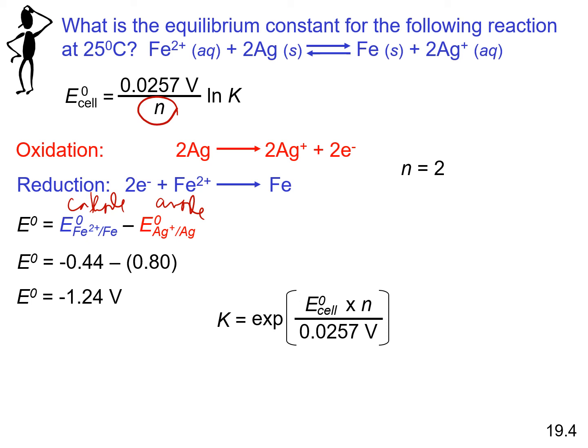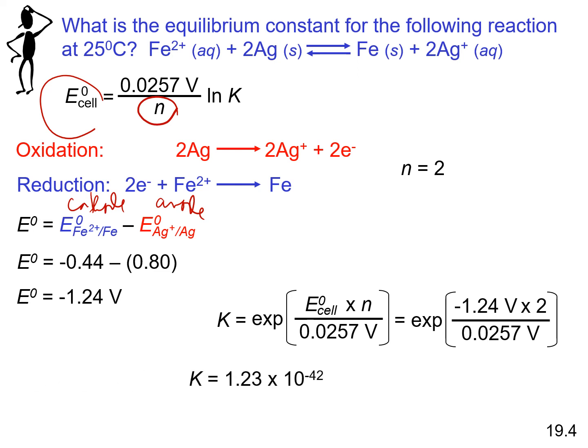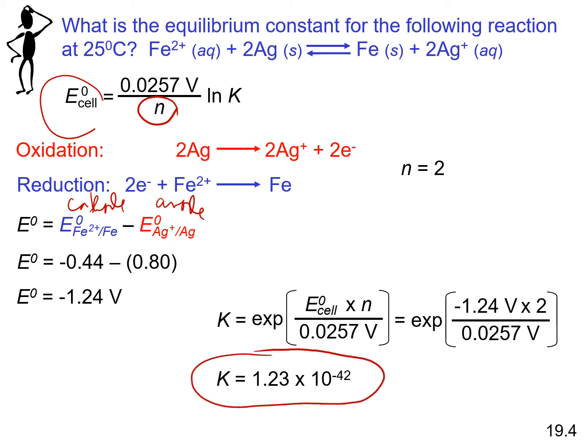And then just substitute here. Then n is equal to 2, so you can rearrange so that you can get the K. K is e to the power of E cell times n over 0.0257. You can use your calculator and just directly substitute. So we get a value of 1.23 times 10 to the negative 42 as our equilibrium constant.